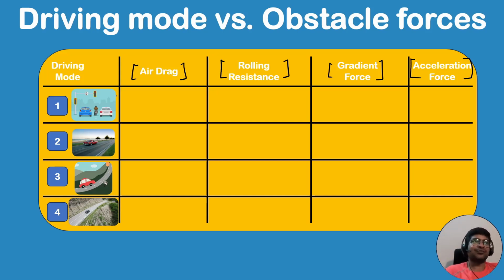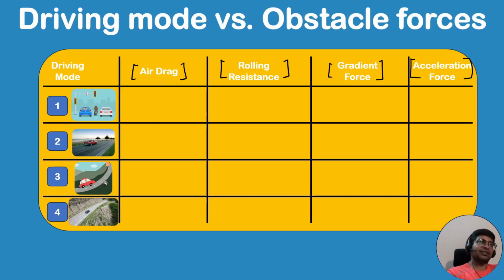First driving mode, where the user, you or myself, are trying to accelerate the vehicle. When the red signal turns green, let's say we are trying to accelerate from 0 to 100 kmph. So what about the air drag force? Initially, this force will not be dominant. When the vehicle is going from 0 to 10 kmph, 30 kmph, this force will be negligible.